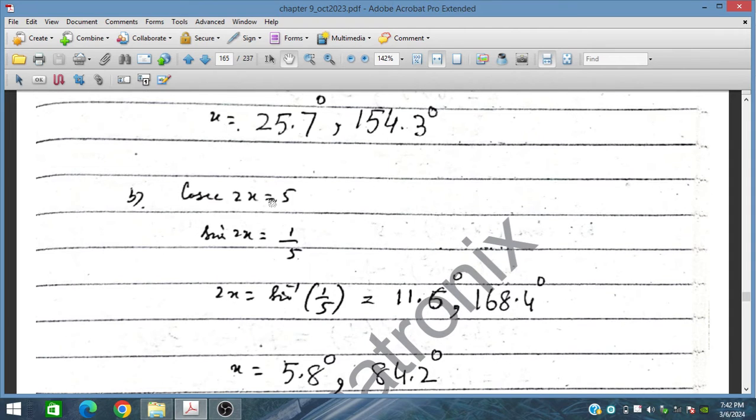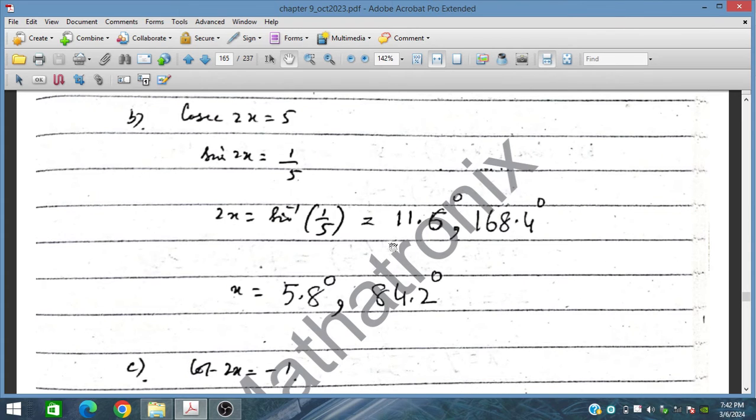Similarly, cosec 2x is equal to 5. So sin 2x is equal to 1 upon 5. So 2x is equal to sin inverse of 1 upon 5, and this is positive in the first quadrant and the second quadrant. So first quadrant, and 180 minus this one is 168.4. So this is divided by 2, and we have 5.8 degrees and this.